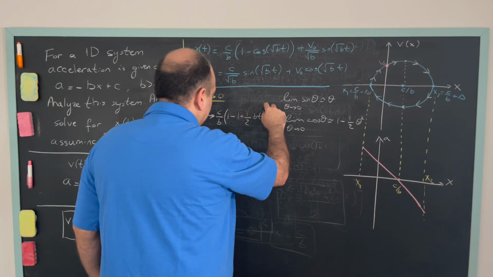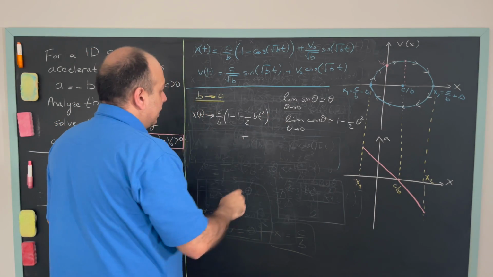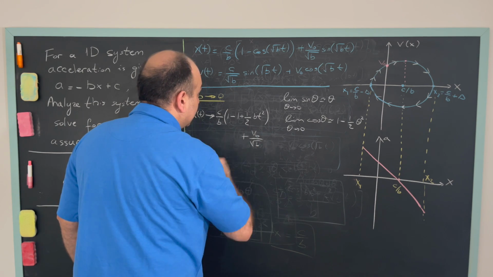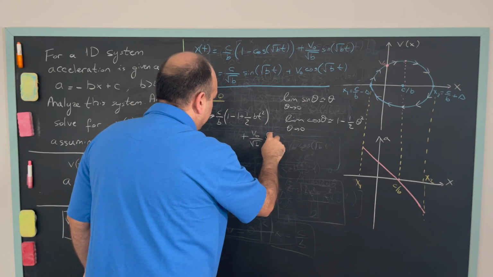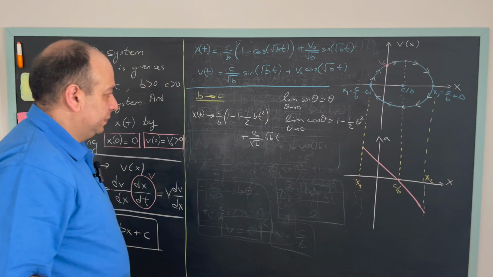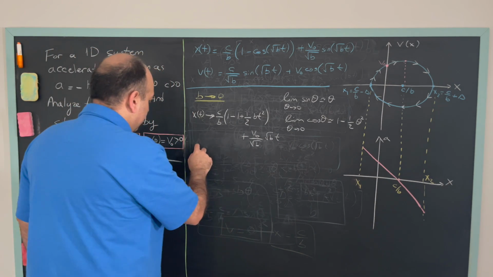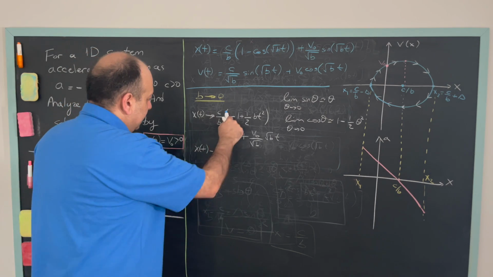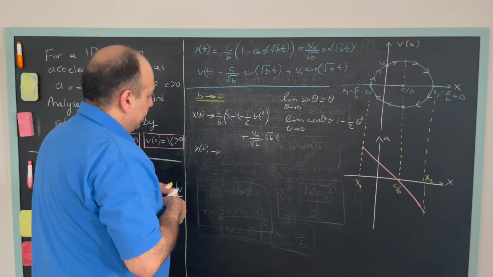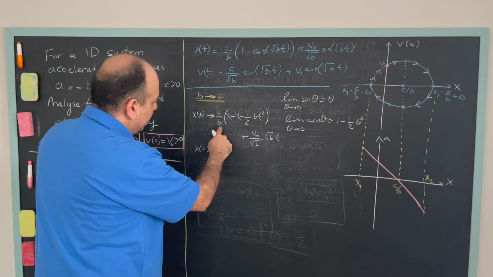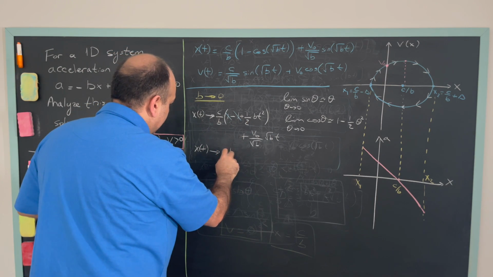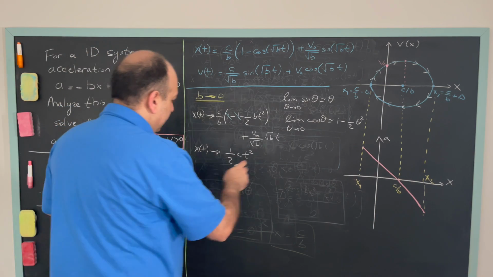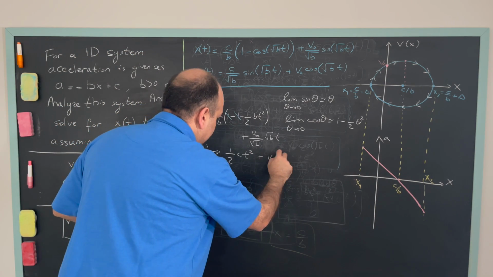And plus this term would be v naught over square root of b times square root of b times t. So x of t will tend to, so 1 cancels. We have b here and another b here, so this becomes 1/2 c t square plus v naught times t.